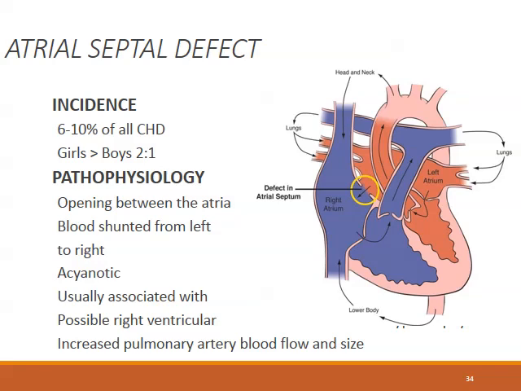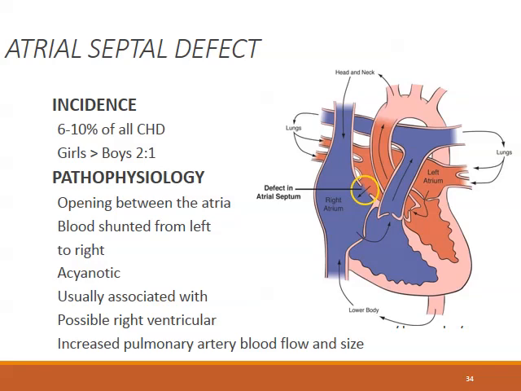Your atrial septal defect, the incidence is going to occur in 6 to 10% of all congenital heart defects. Girls are going to be more affected than boys, 2 to 1. Pathophysiology is basically there's an opening between the atria.